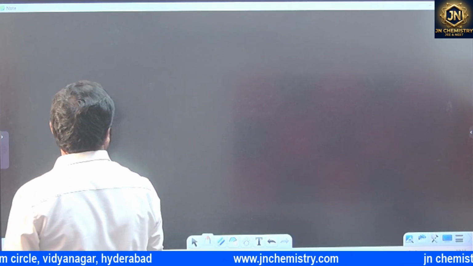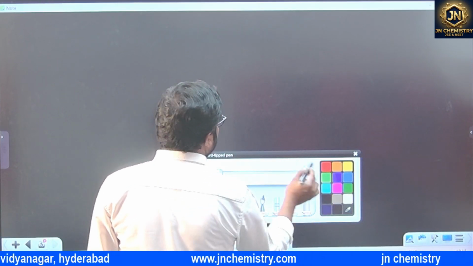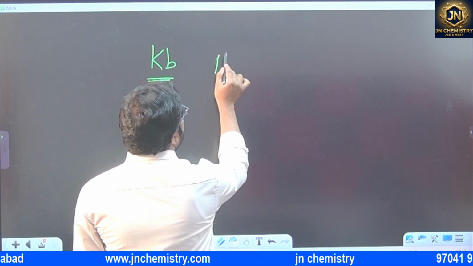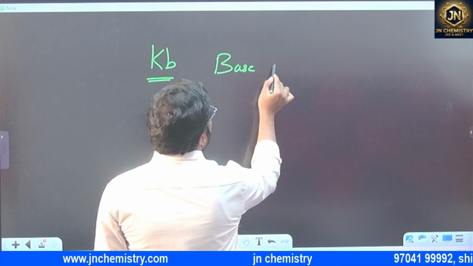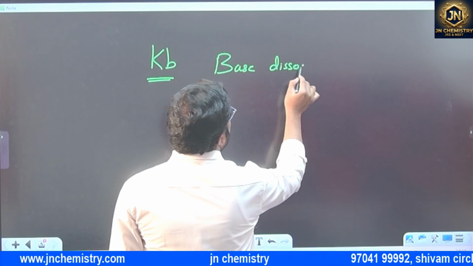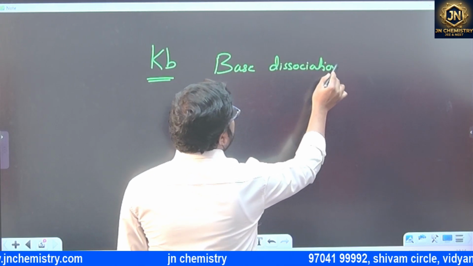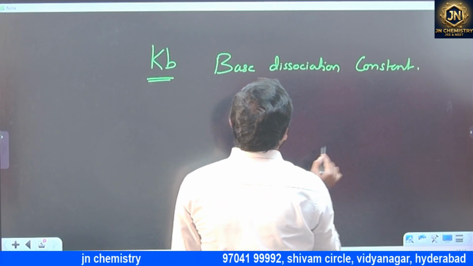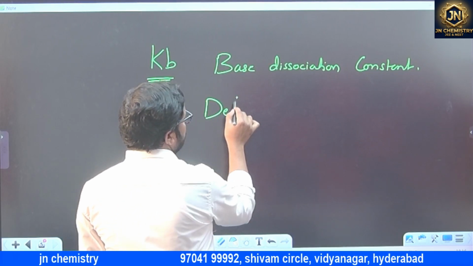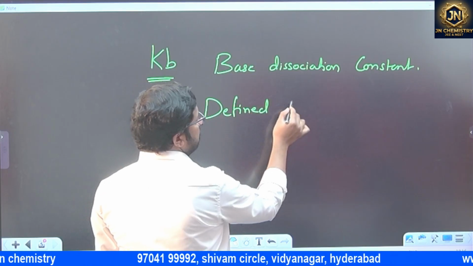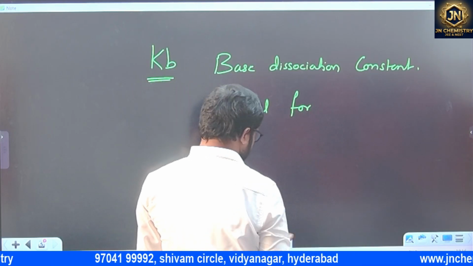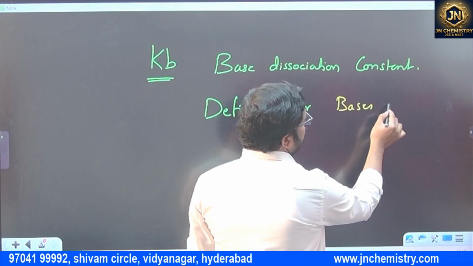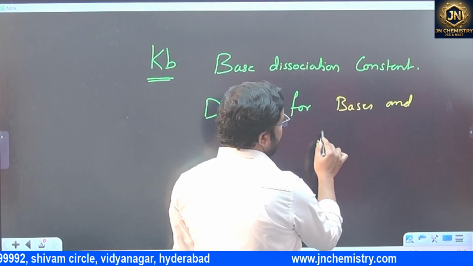Next one, Kb. Kb is the base dissociation constant, defined for bases and anions.